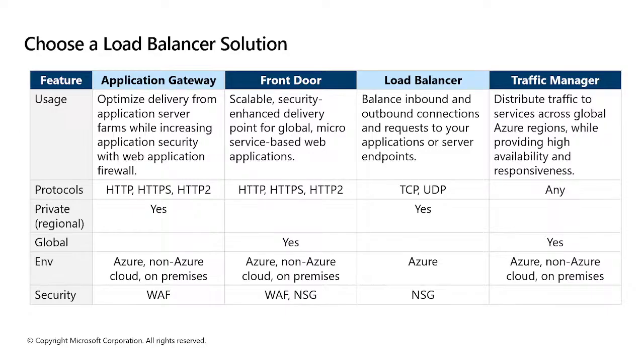For the normal load balancer, we are just looking at the network layer, where we want to distribute traffic. But the Application Gateway and Front Door are specifically for hosting applications, because they've got some other capabilities. Like when it comes to security, we have what we call the WAF, which is the web application firewall.